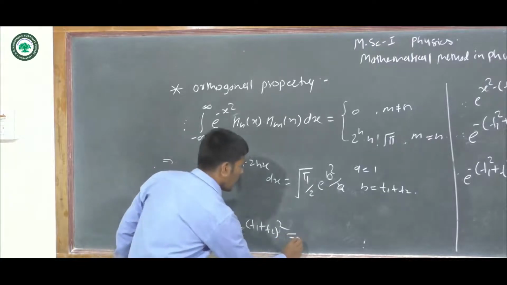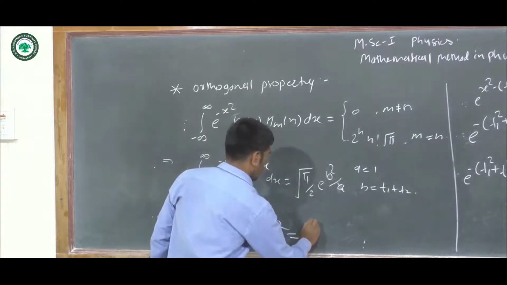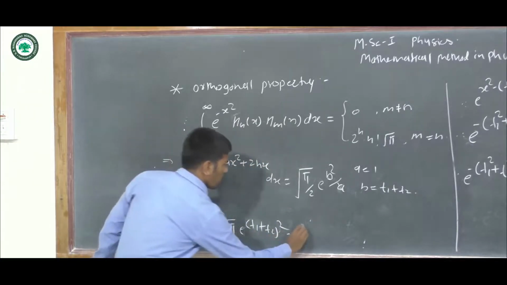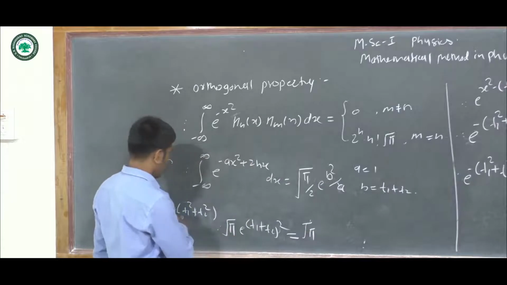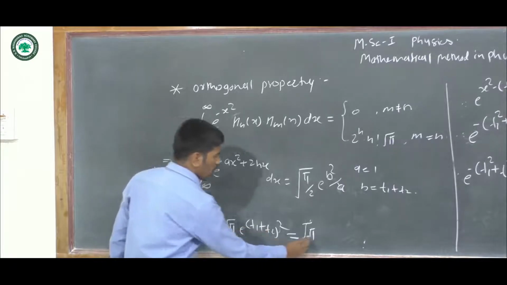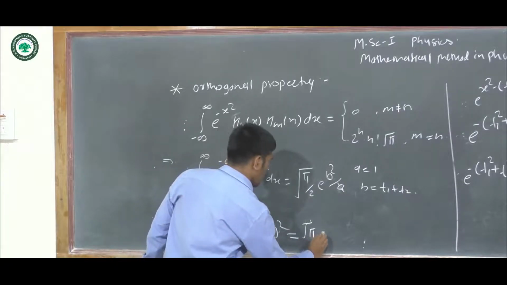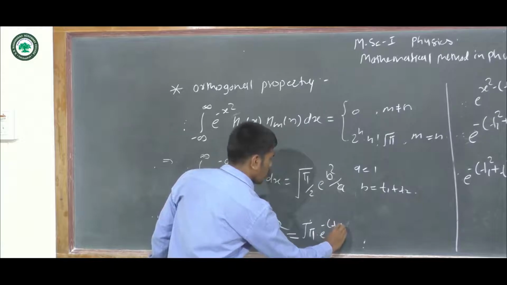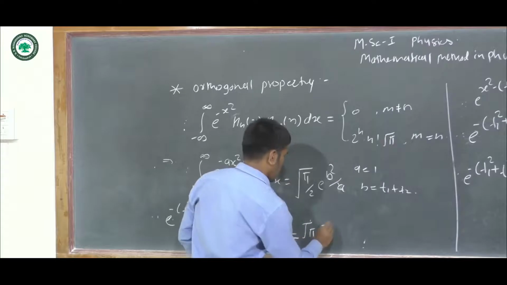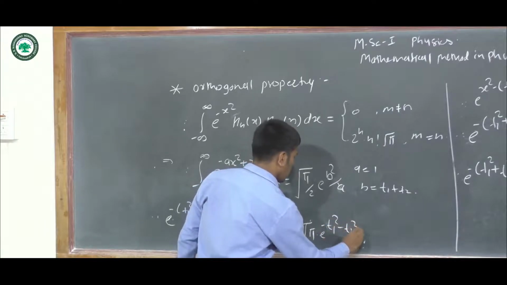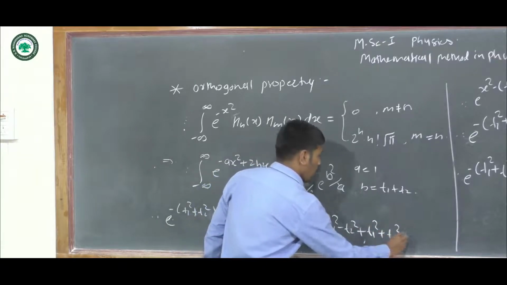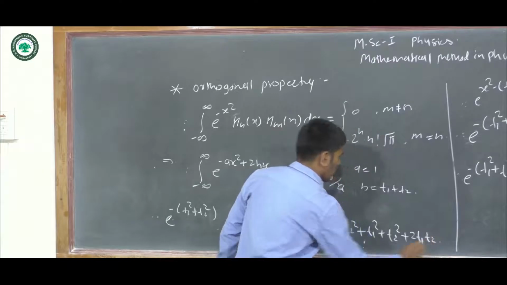Now the next thing, we are going to expand this. So under root pi and this e raised to minus t1 square plus t2 square, if I open this bracket, it is e raised to minus t1 square minus t2 square plus t1 square plus t2 square plus 2 t1 t2.